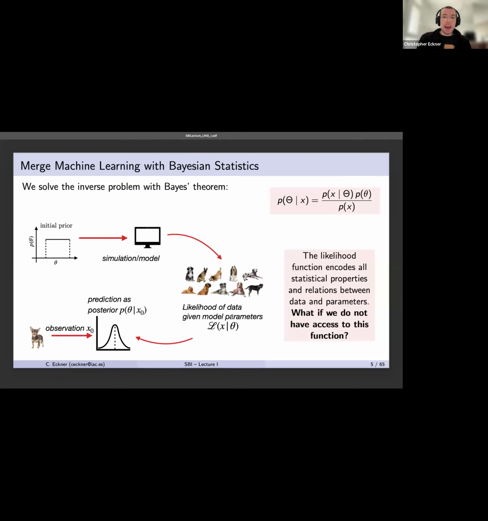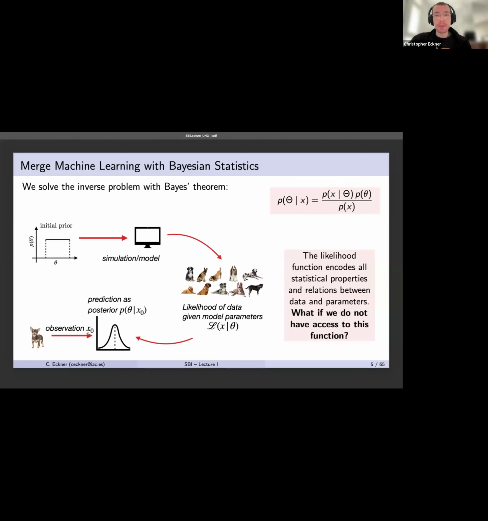Then, given one particular observation, like this chihuahua here, you want to know what the parameter of my model from the initial prior is that would predict this shape of a dog. This gives you a so-called posterior for the parameters of your model that would be most likely to produce said observation that you had.